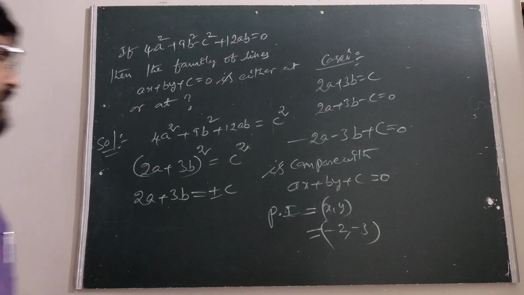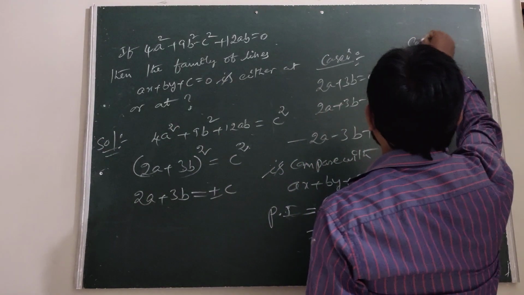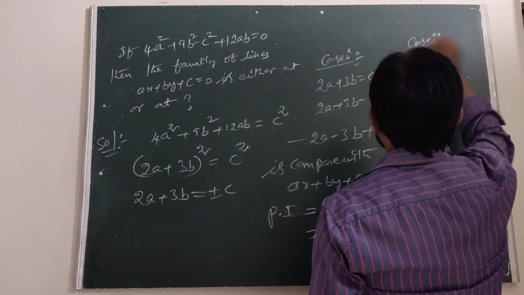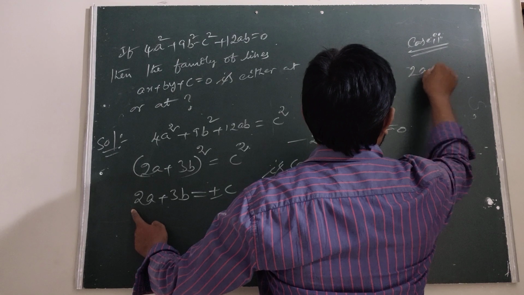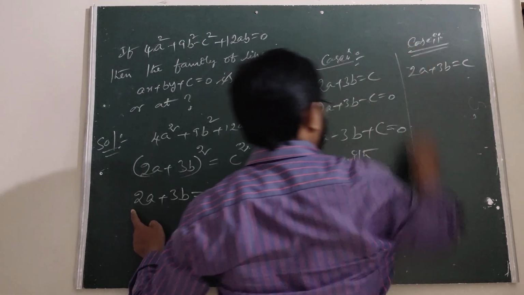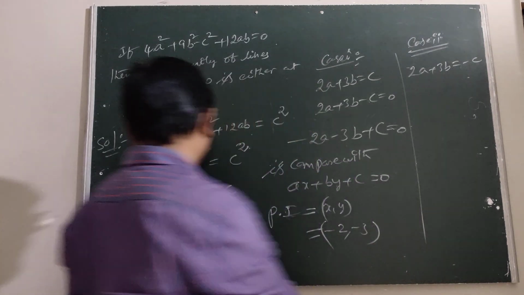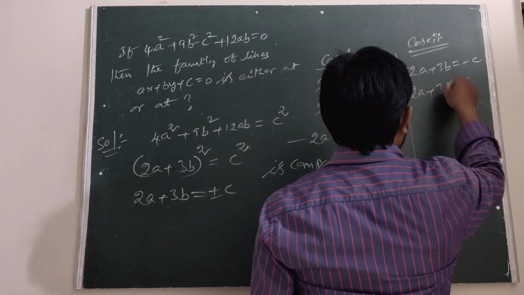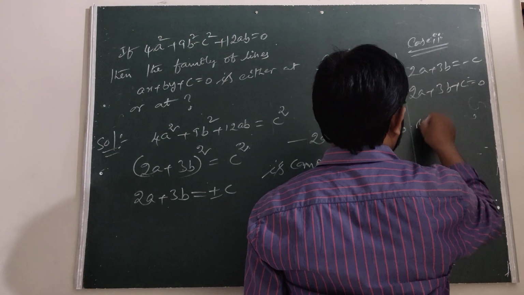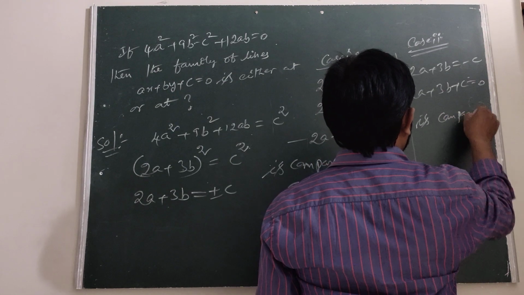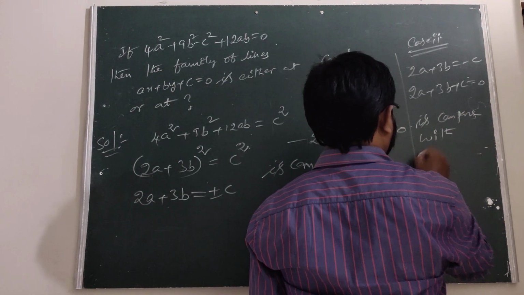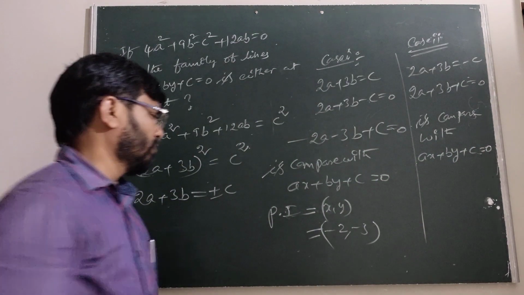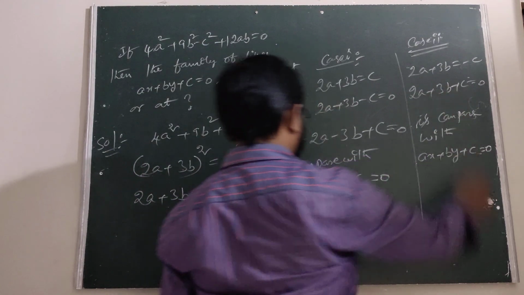Suppose if you are taking the minus c, that will be case 2. In case 2, we are taking 2a plus 3b equal to minus of c. The minus c is sent to the other side: 2a plus 3b plus c equal to 0. We have to compare with ax plus by plus c equal to 0. The value of x is 2, the value of y is 3.